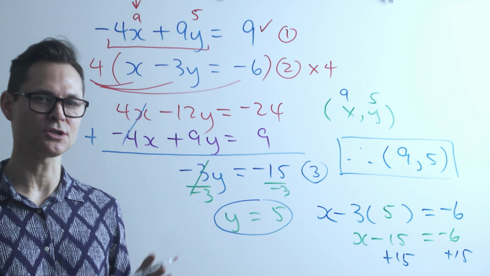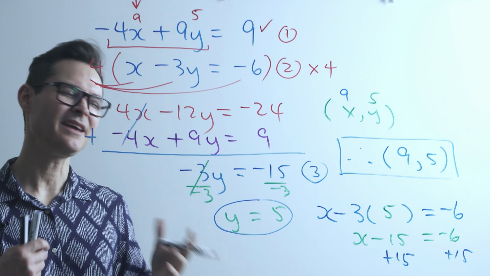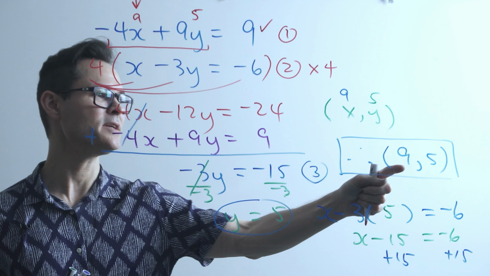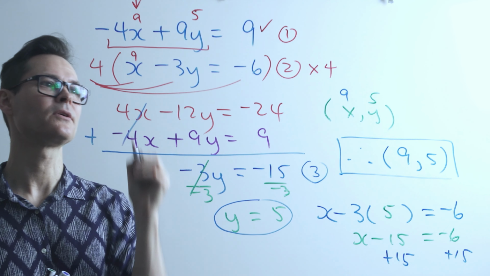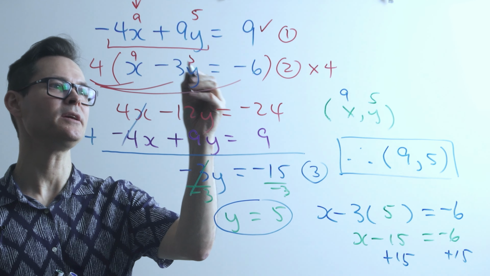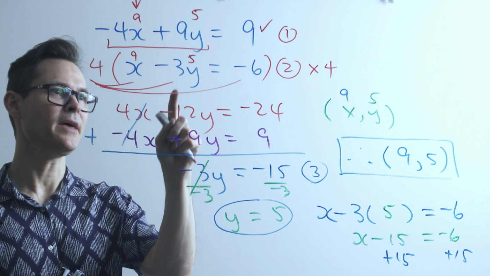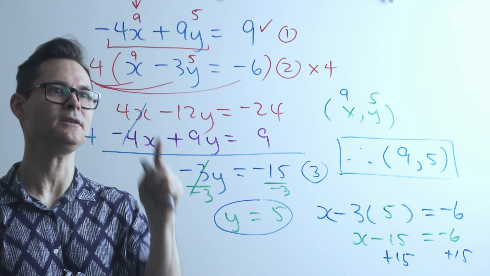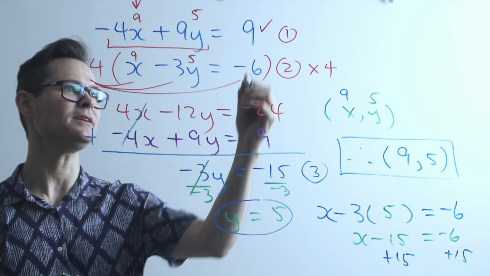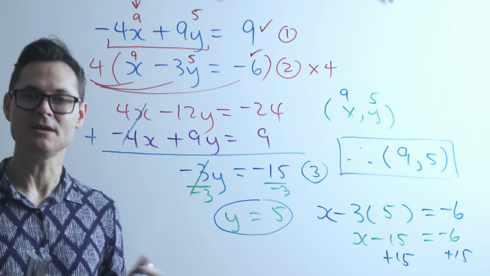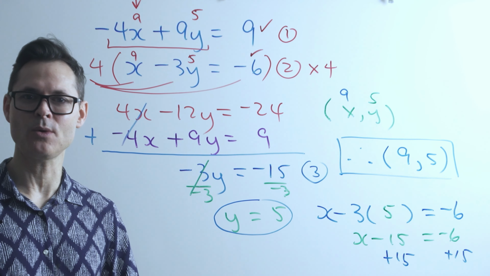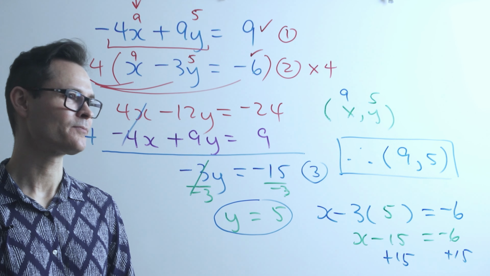Sometimes your teacher wants you to show these checks more formally, and then sometimes they just want you to verify to make sure that the answer works. Then take the 9 for x, put it here, and take the 5 and put it here, right? And then do some mental math. So 3 times 5 is 15. 9 minus 15 is negative 6. You're happy. This makes you happy because this answer balanced both equations at the same time.